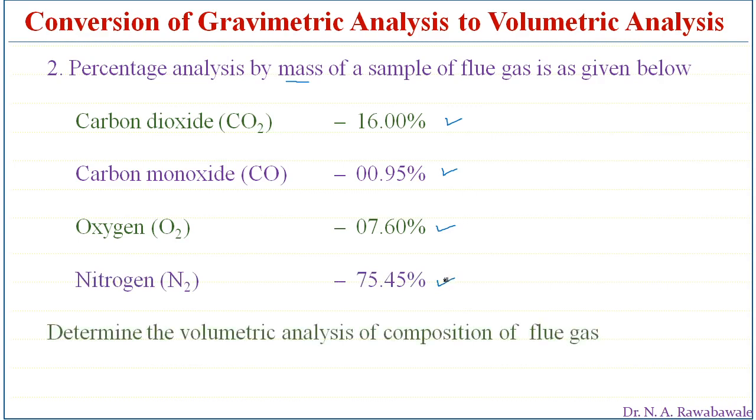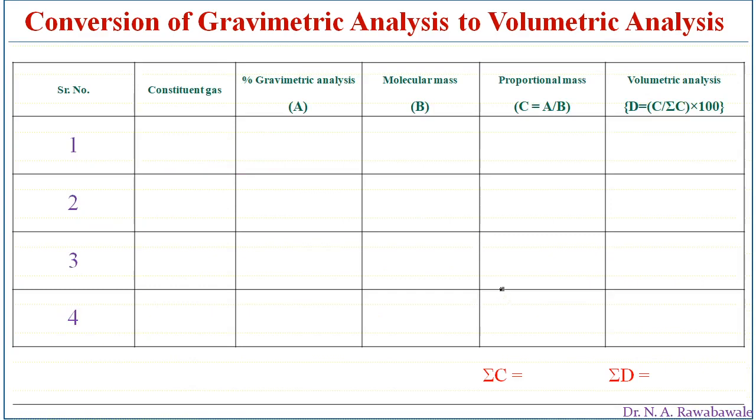And it is asked to us to determine the volumetric analysis of the composition of flue gases. So mass analysis is given, that is to be converted into volumetric analysis. How to convert this gravimetric analysis into volume analysis, that we see.